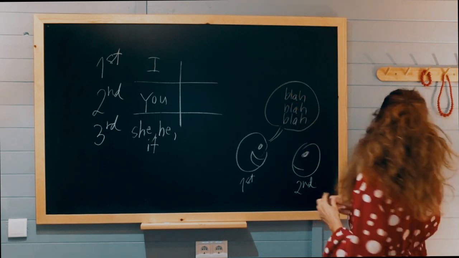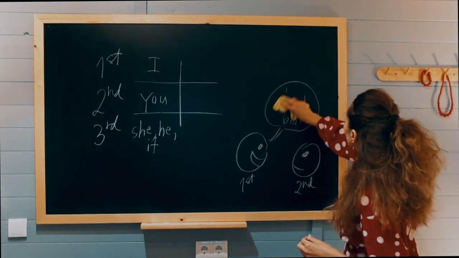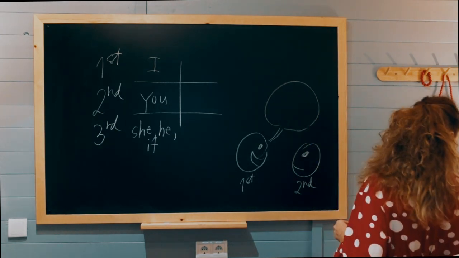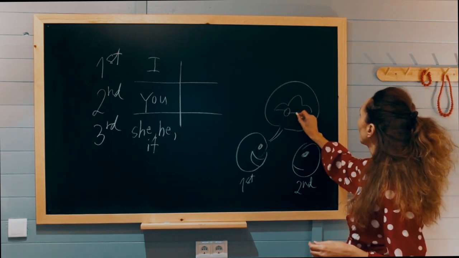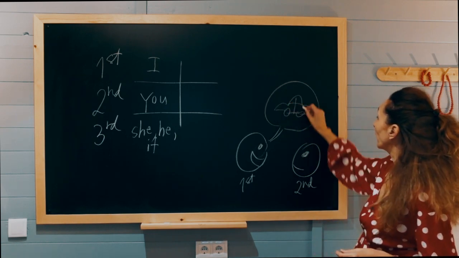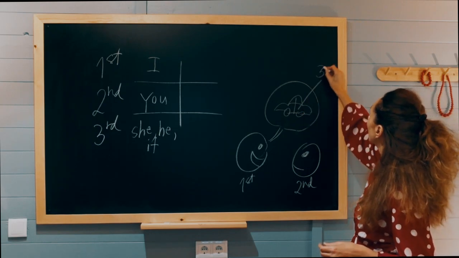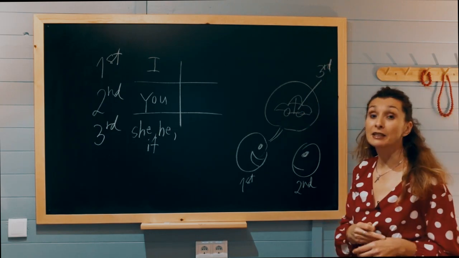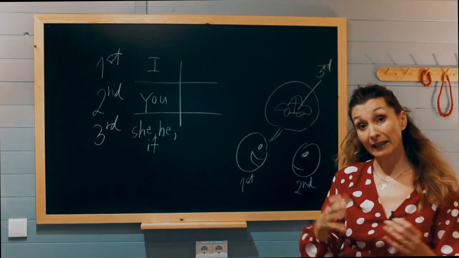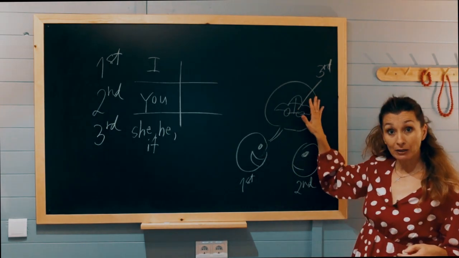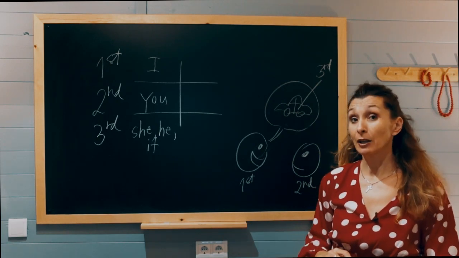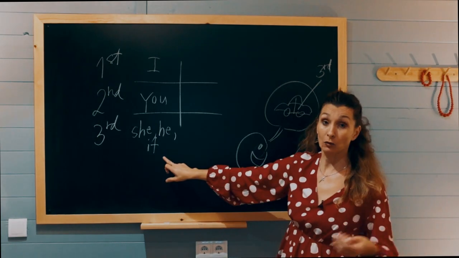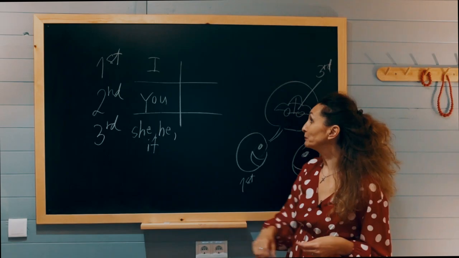If this blah, blah, blah is about their, I don't know, car, if someone is talking about their car, this car is then the third person, grammatically speaking. And again, I know a car is not a person, it's an object, but grammatically we just say it's the third person, okay? So in English it would be it, okay?